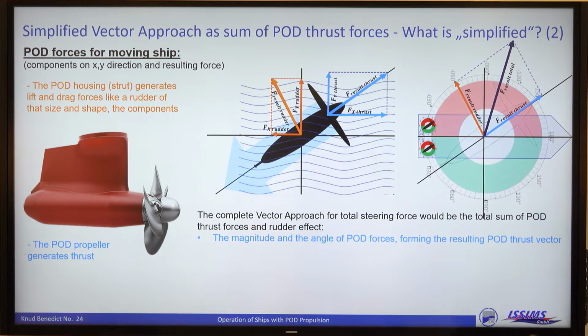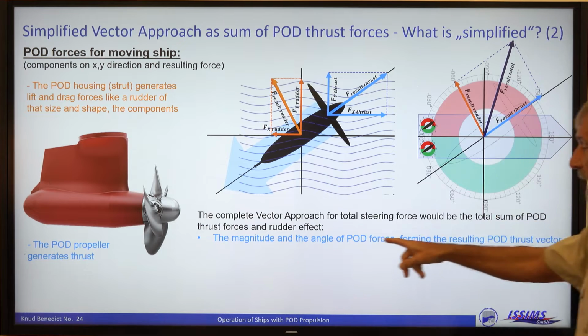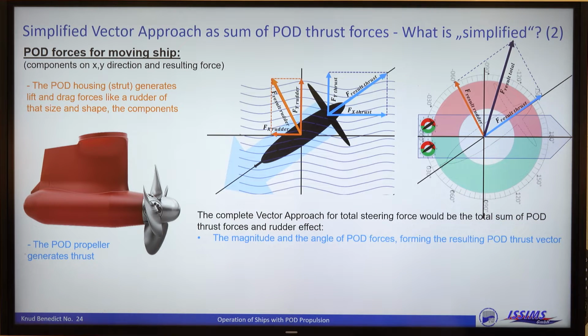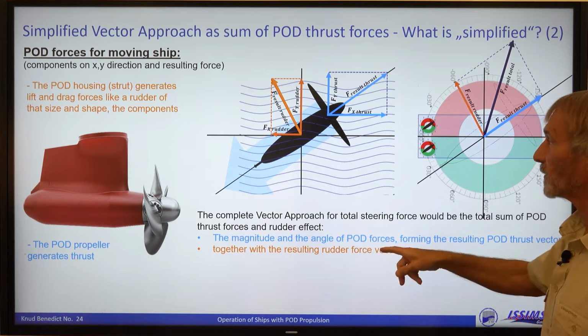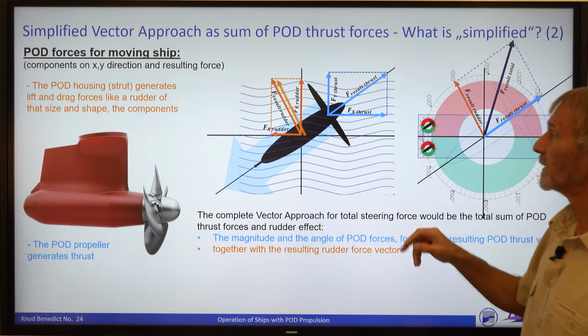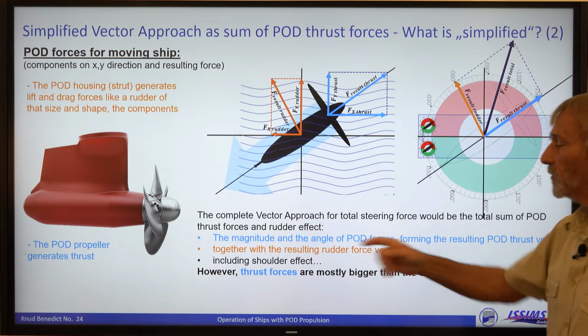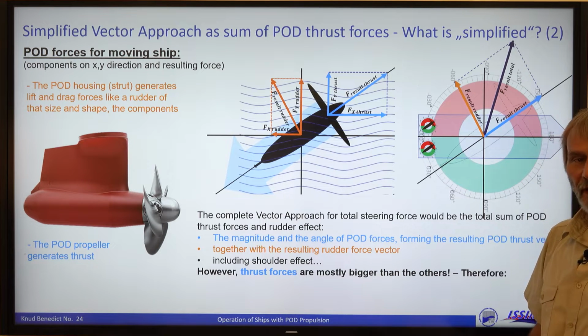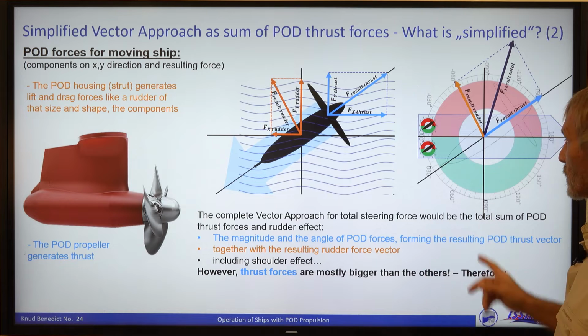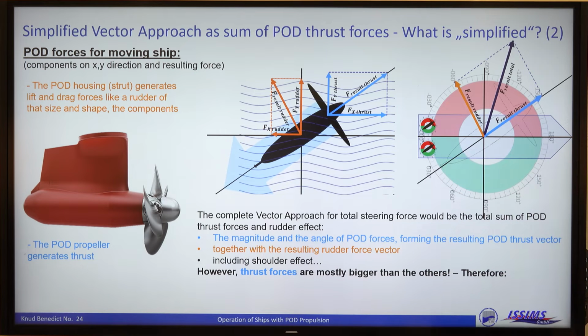So on one hand, it's the magnitude and the angle of pod forces forming the resulting thrust. This is this component. Then we have the resulting rudder force vector. This is this one. So this vector goes into this one, and this forms the resulting thrust, even including the shoulder effect of the two pods working behind the vessel.